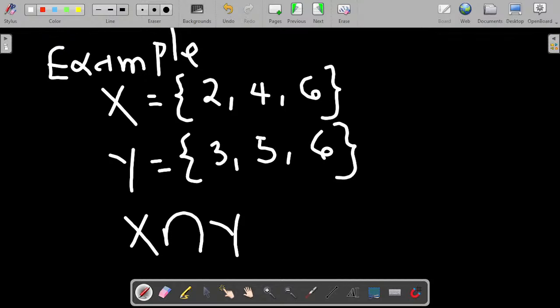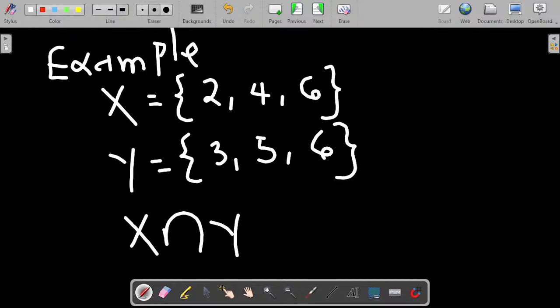Let's say we can now have X intersection Y. So, like I said, intersection is looking for what is common between the two or more sets, right? So let's check the two sets. The first set says set X is 2, 4, and 6.